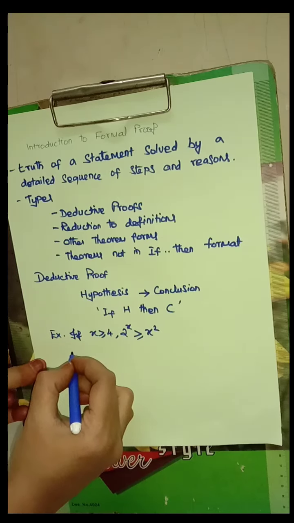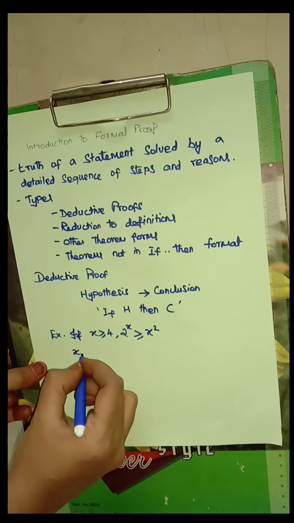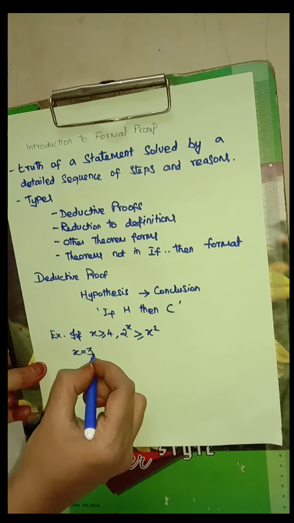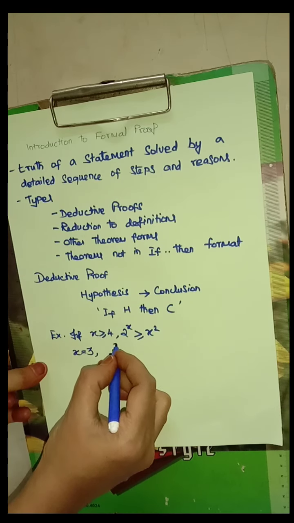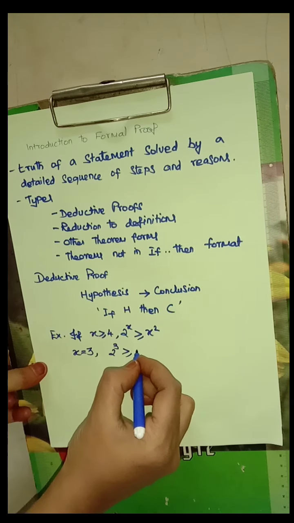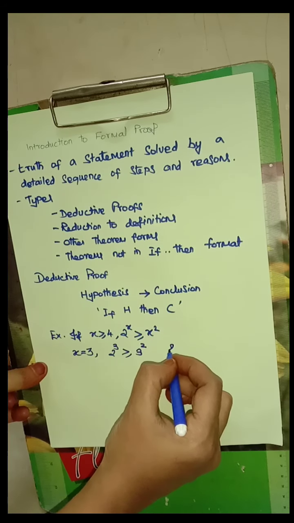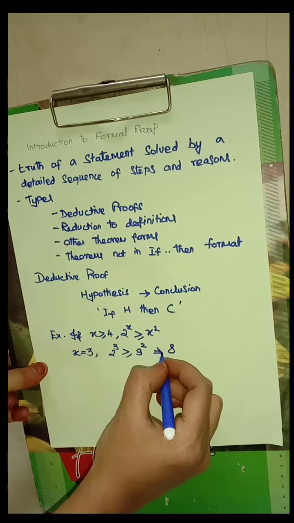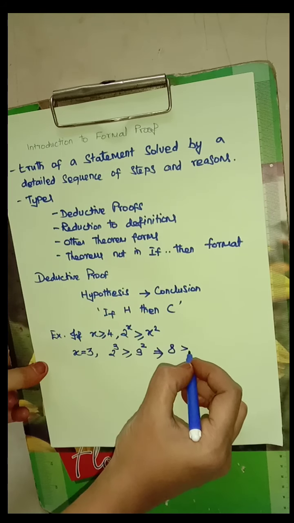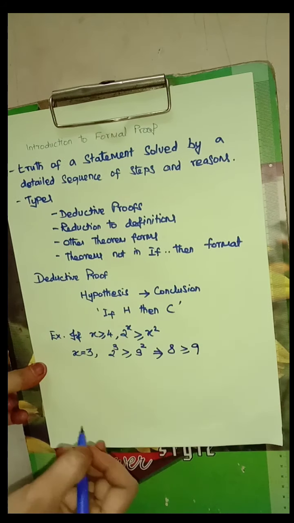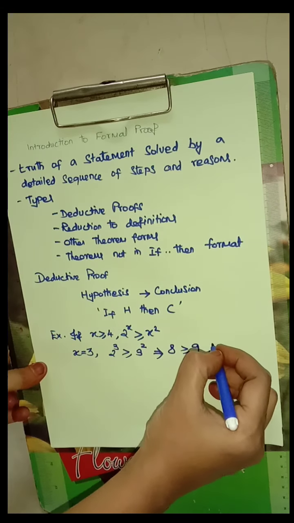For example, suppose we substitute x is equal to 3. So 2 power 3 is greater than or equal to 3 square. 2 power 3 is 8, which implies 8 is greater than or equal to 9. So it is not true.